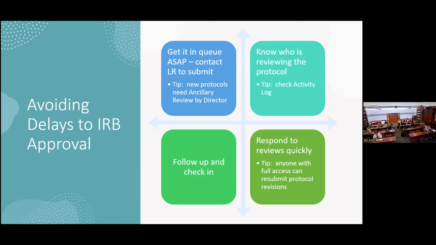So you can look to say, oh, Elise Flores, who's one of the analysts, actually went in and did A, B, and C. So she's the person that I'm going to email if I need the protocol returned to me, or if I have any questions about how long this is going to take, or if you have an NIH grant that is pending IRB approval, then that's the person I'm going to bug about getting this done as soon as possible.